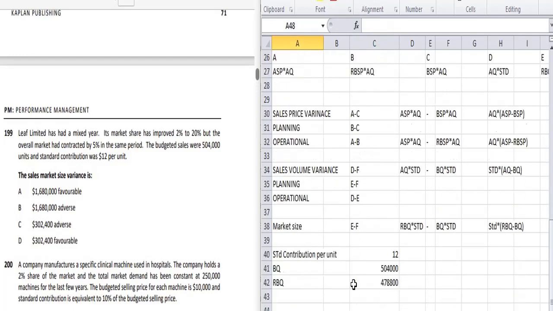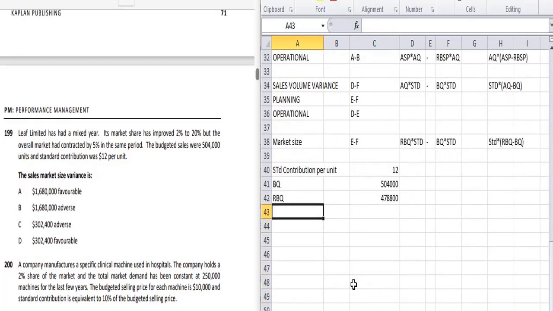So now the revised budgeted quantity will be 47,880. Putting in this formula, standard is 12 and revised budgeted quantity is 47,880 minus this. So we got our sales market size variance, which is 300 to 400 adverse. Negative means adverse.